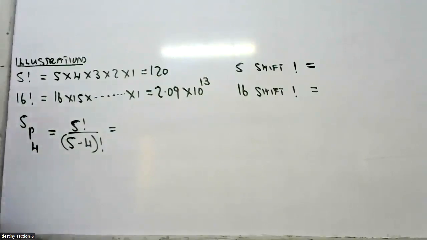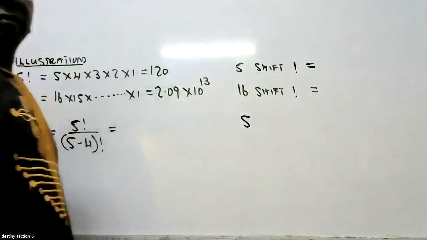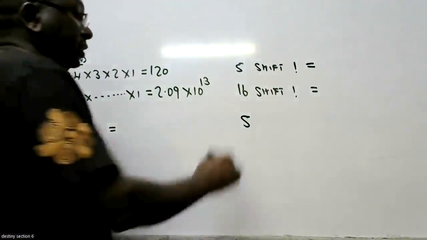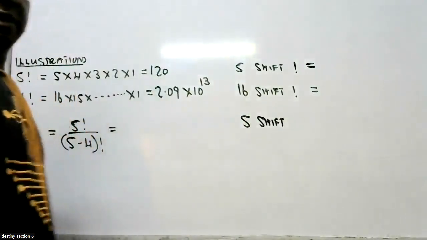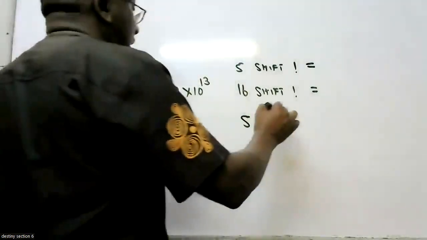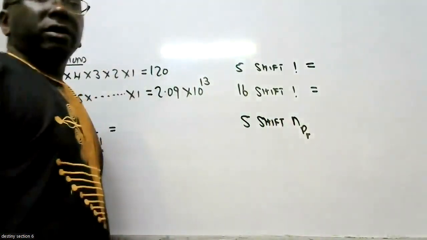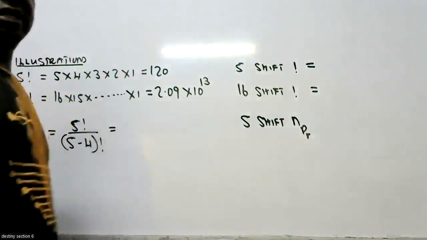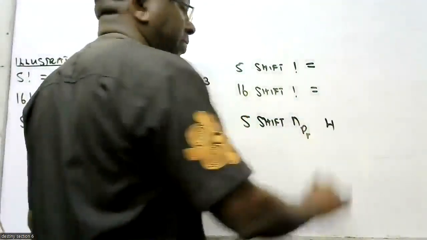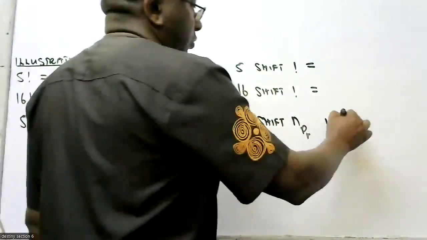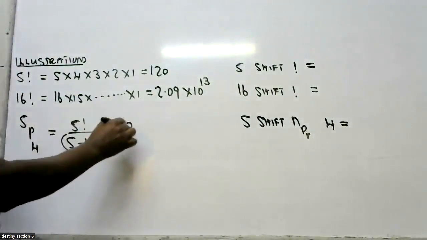Press 5, then shift, then press the button where you can see nPr. When you do that, on the screen you have 5P. Then press 4, and then press equals. 120 ways.